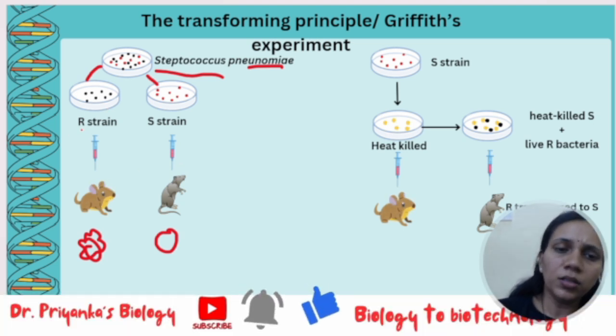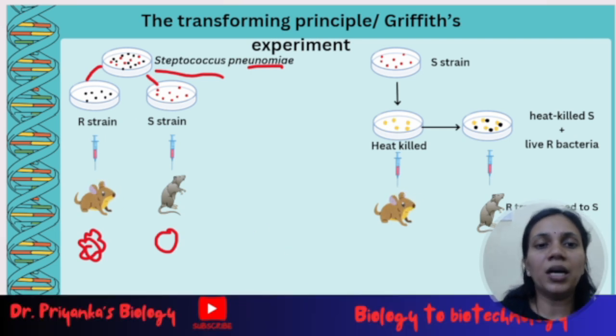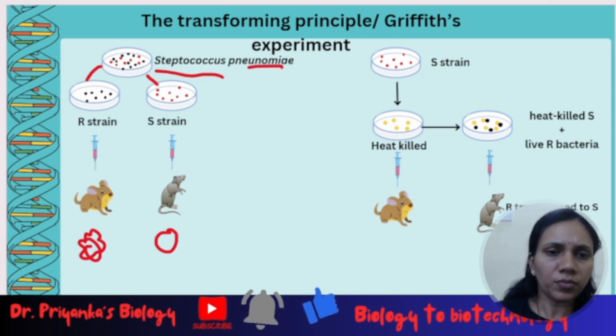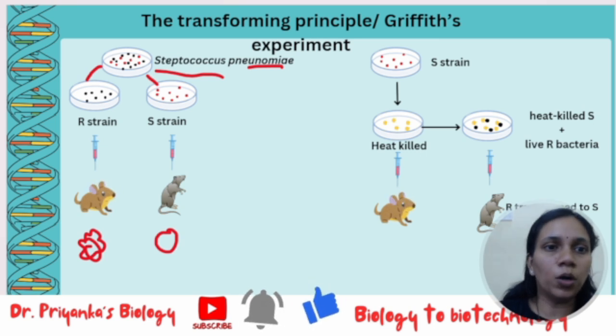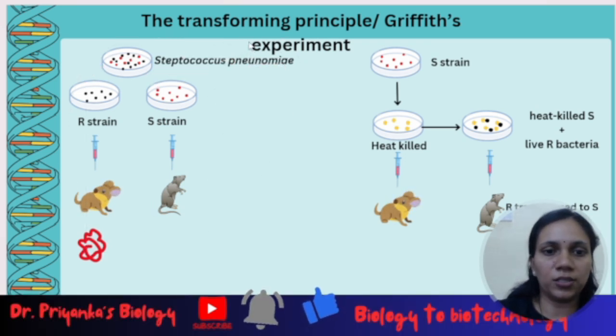Whereas the R strain, being rough, did not have the polysaccharide coating over it, so it was attacked by the host immune system, and the strain used to die. Griffith was working with these strains of bacteria, and he was also using mice for these studies.